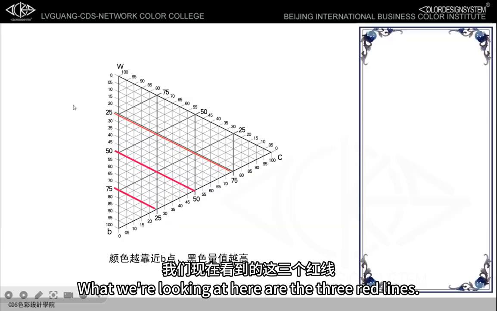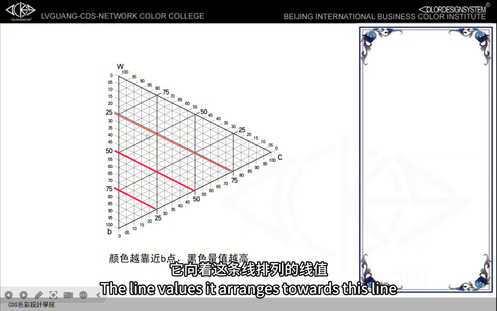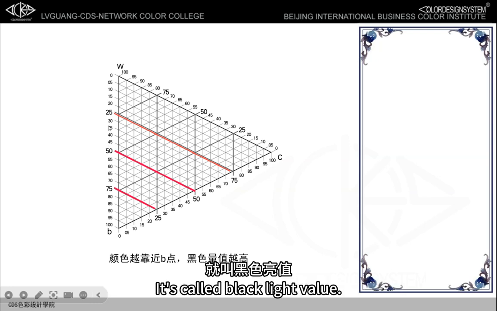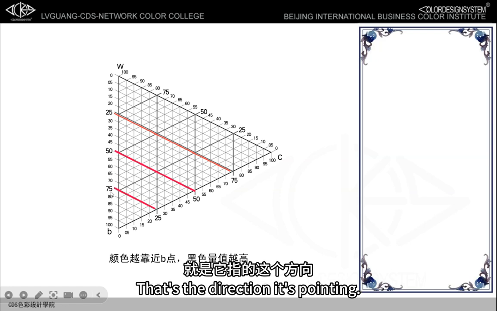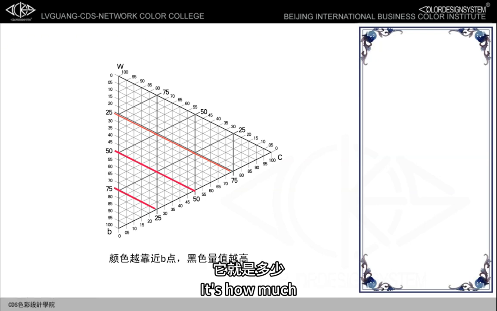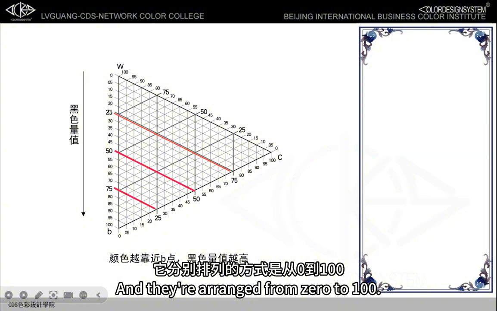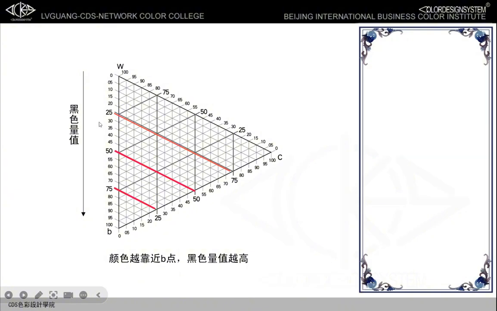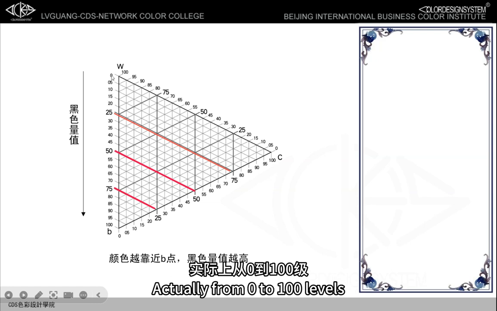What we're looking at here are the three red lines. The line values it arranges towards this line are called black light values. And this red dot that it highlights is the direction it's pointing. What does this value refer to? It's how much black. They are arranged from 0 to 100: level 25, level 50, level 75, actually from 0 to 100 levels.